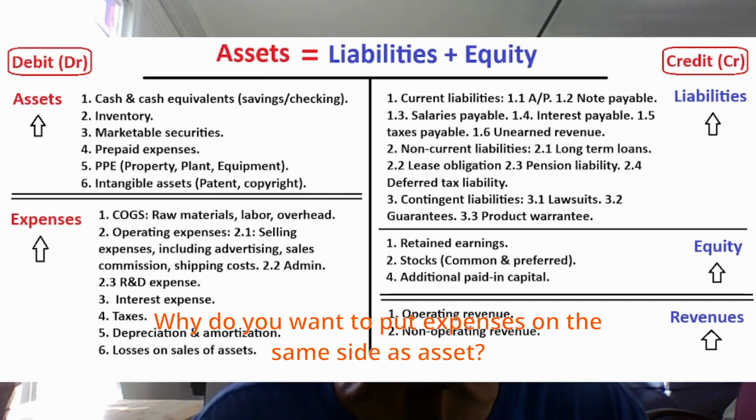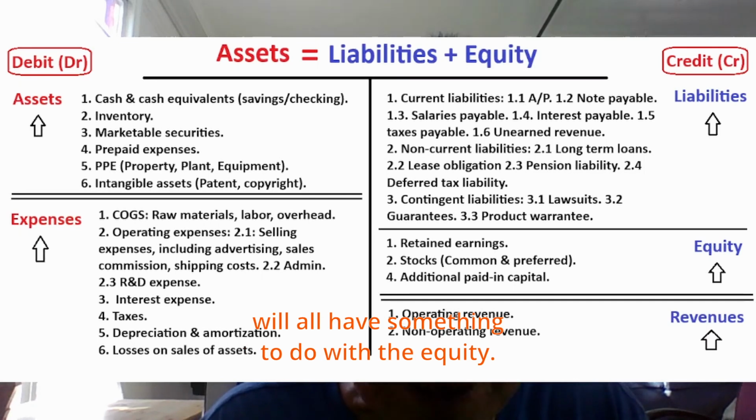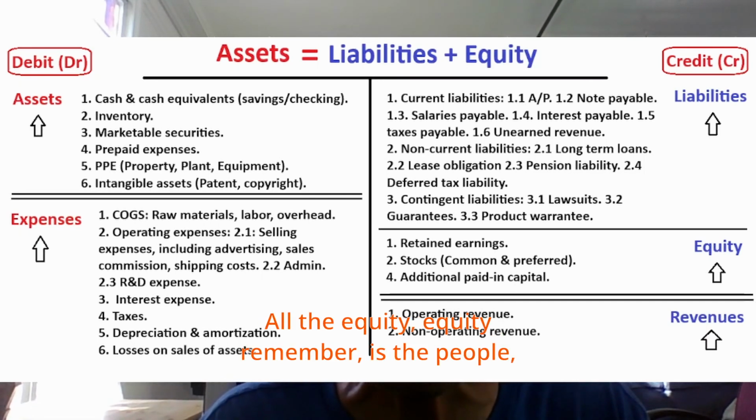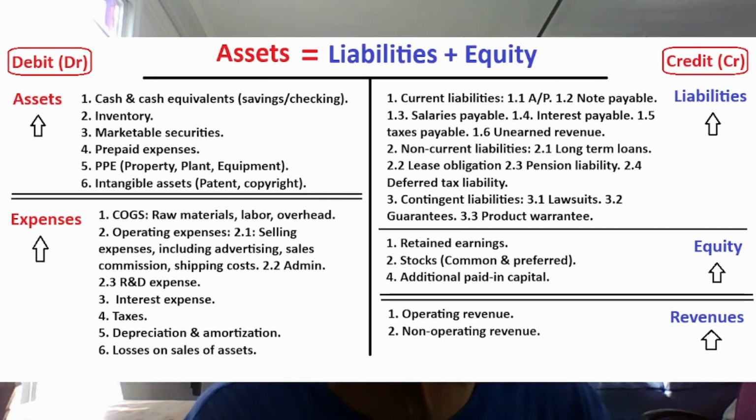Why do you put expenses on the same side as asset? The easy way to remember is that they all have something to do with the equity. Owner's equity, remember, is what the owners can put in their pocket at the end of the day, the profit.